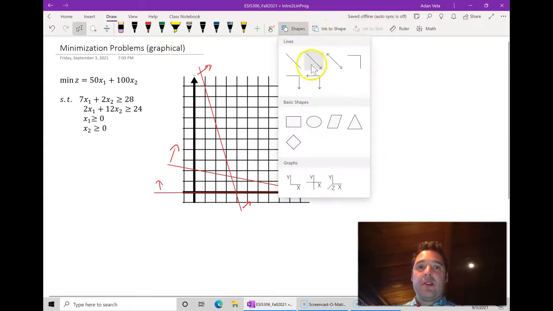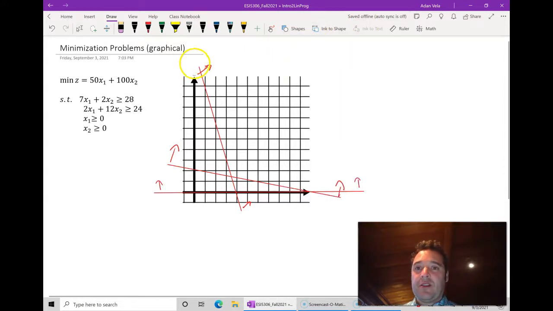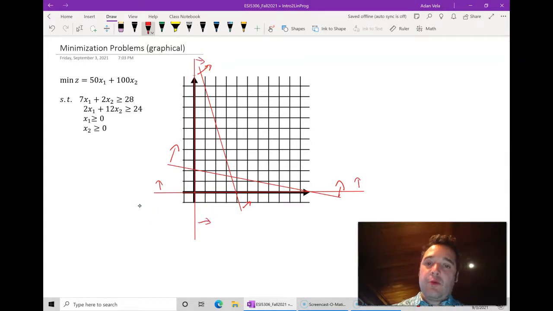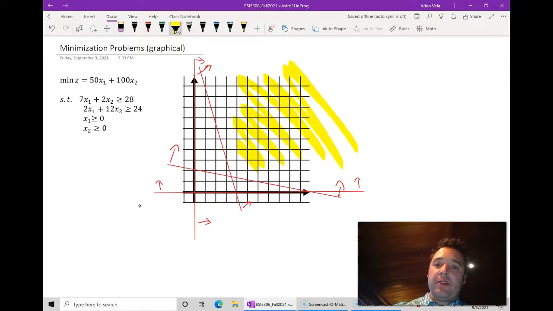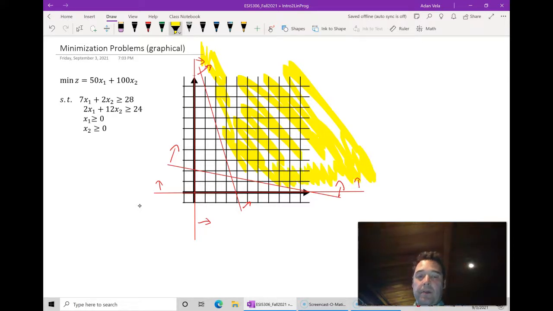And likewise, x1 has to be greater than 0. And so that's everything to the right. So when we put this all together, our feasible space more or less takes up everything here. Now we do have to be a little bit careful because it's always going to remain on the positive side, both in the x1 and x2 dimension.